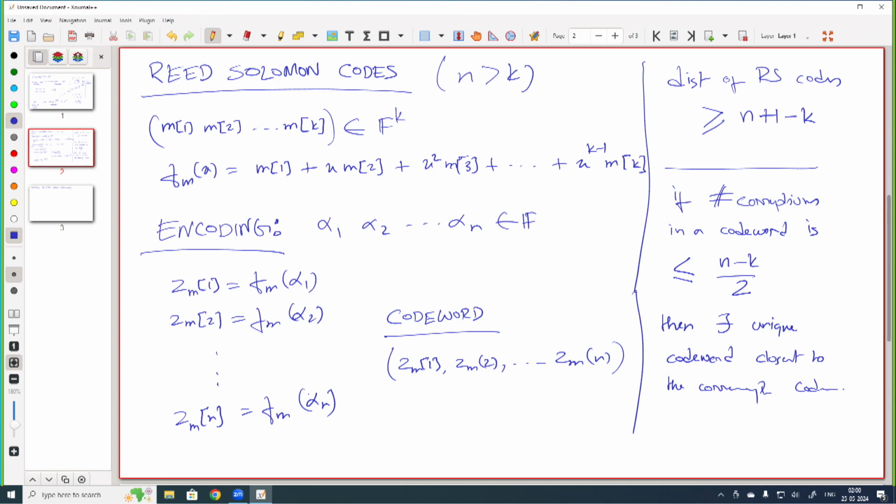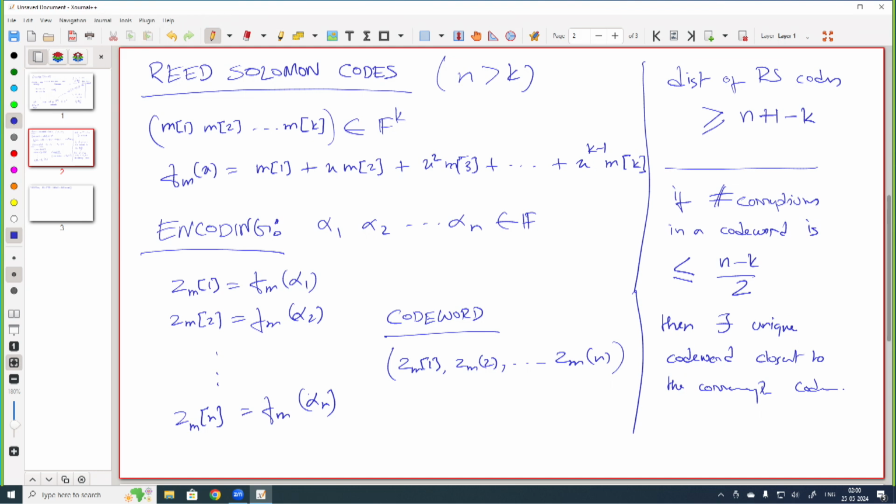So, recall that fact about polynomials. What does it tell you? See, to recover this message, what is that message?